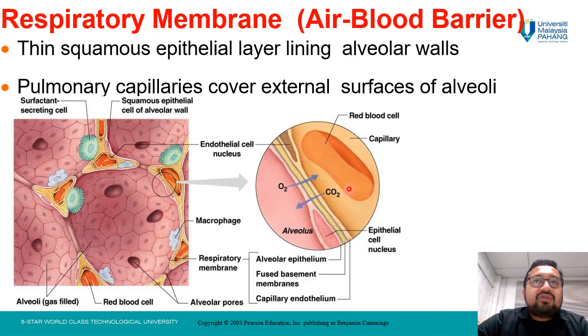Okay, so carbon dioxide ni dia akan exchange dengan oxygen. So carbon dioxide will go to this alveolus, while oxygen from the alveolus will go to the blood. Okay, so and then this pulmonary vein, okay, will go back to the heart, and heart will pump all of this oxygenated blood to the entire body, while this carbon dioxide, okay, then will be expelled out, exhalation of respiratory mechanism.